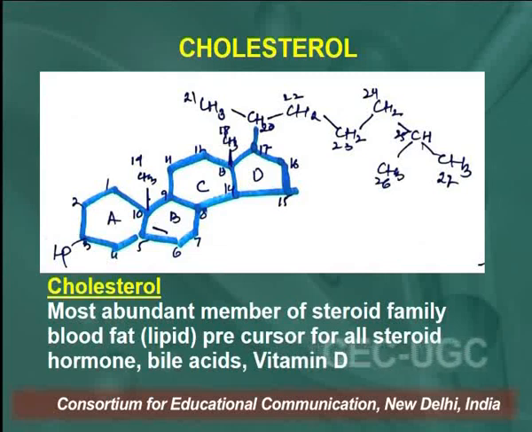Now it is also a type of zoosterol, as you have seen in the previous slide, found in the animal kingdom. So this steroid has an OH group at the C3 carbon atom.